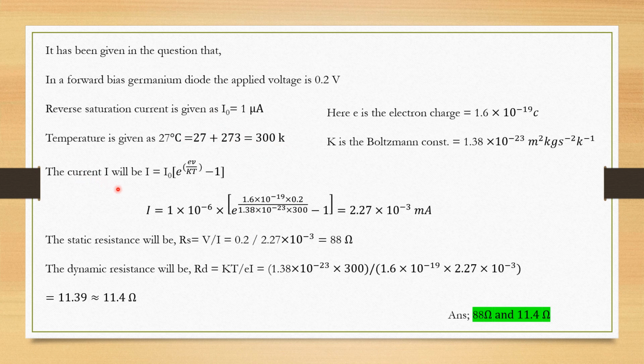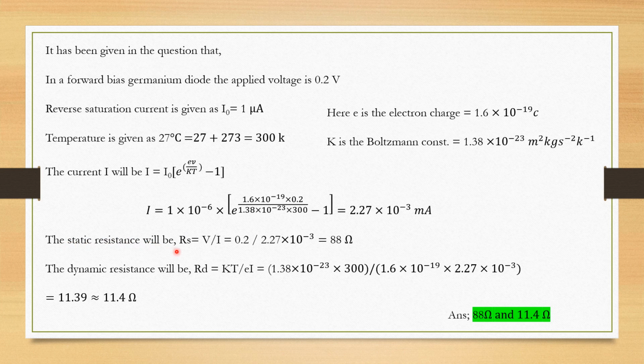Again, current I will be I naught into e to the power eV by kT minus 1, where e is the charge of electron and k is the Boltzmann constant. By putting all these values in this equation, we find that I will be 2.27 into 10 to the power minus 3 milliampere, or we can say 2.27 microampere.